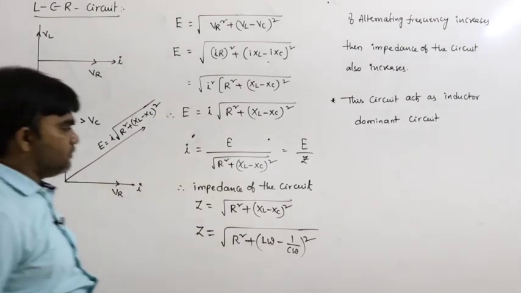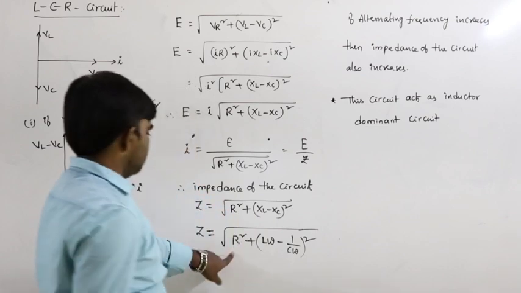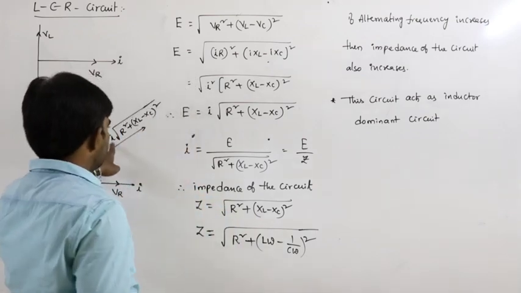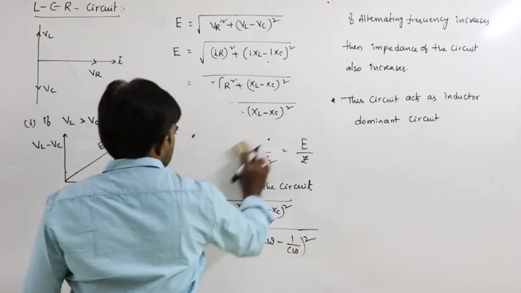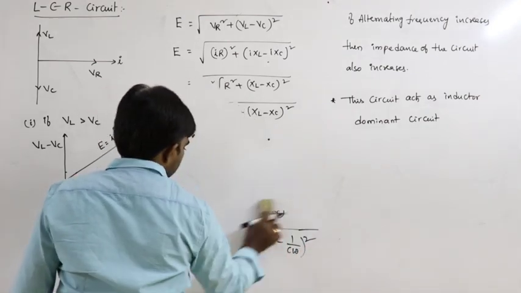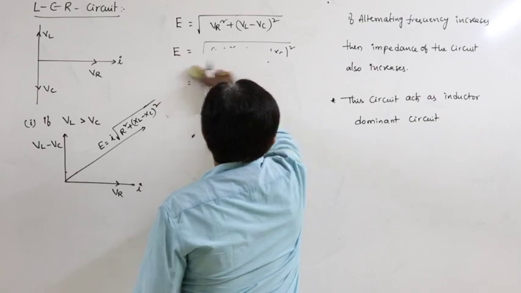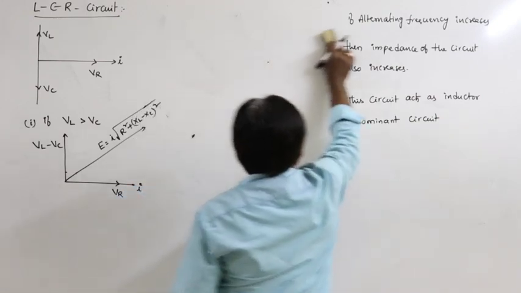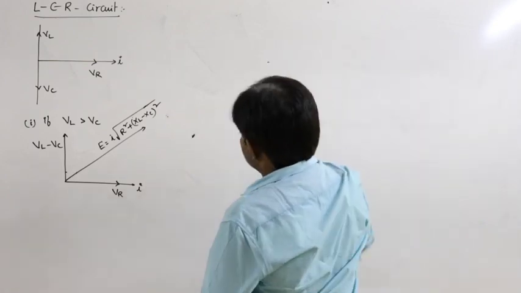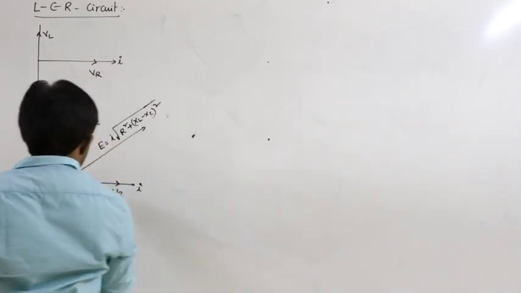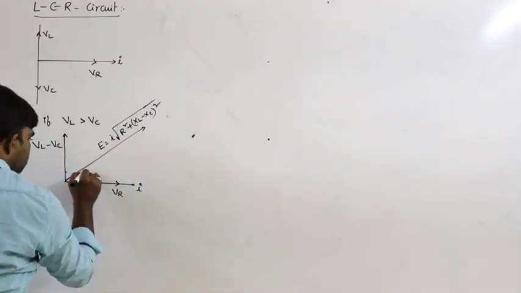So what is the phase difference now? So this is the impedance and this is the net EMF. Now we have to calculate the phase difference between the EMF and current here. This is the phase difference.